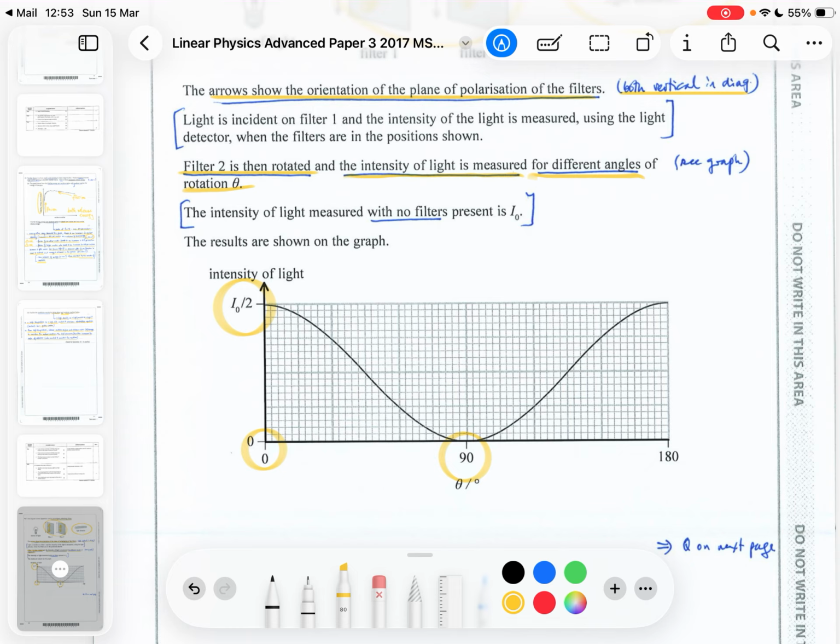The first filter only lets vertically polarized light components go through, and at 90 degrees the second filter will block all vertical components. So you're going to end up with 0 intensity at 90 degrees. As you change the angle back towards 180 degrees, you'll gradually go back up to the 50% intensity. And at 180 degrees, they're back in the same orientation as each other.